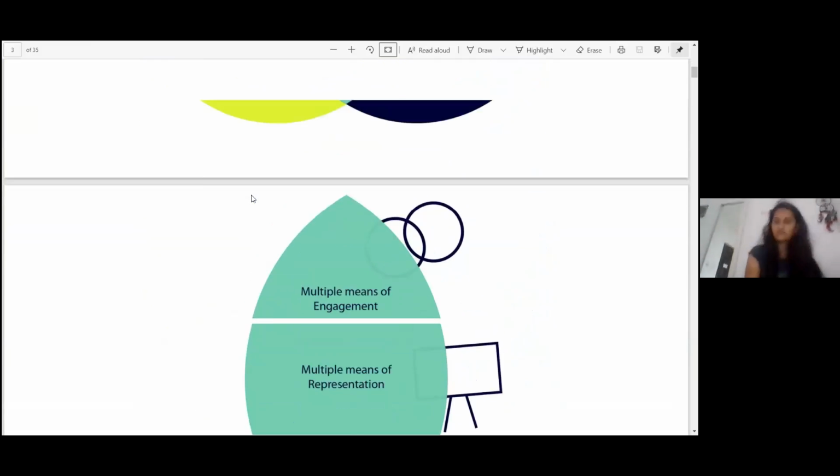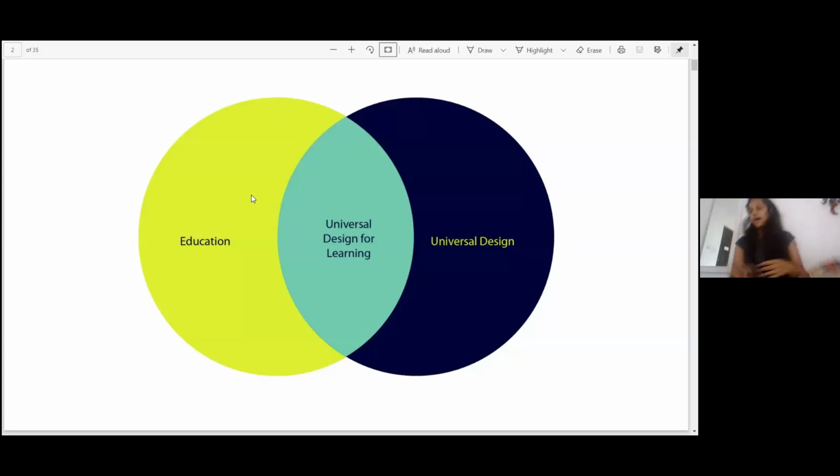Universal design is design for all, as in designing for diverse users. So there happens to be a faculty, universal design for learning, that sits at the intersection of both these things.